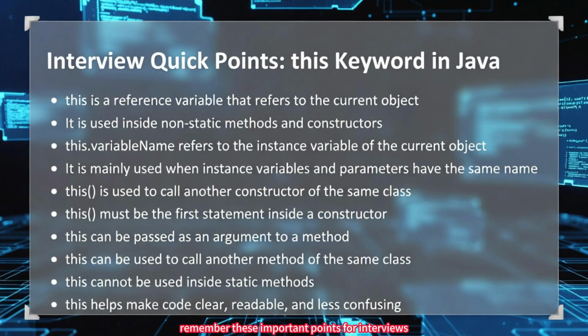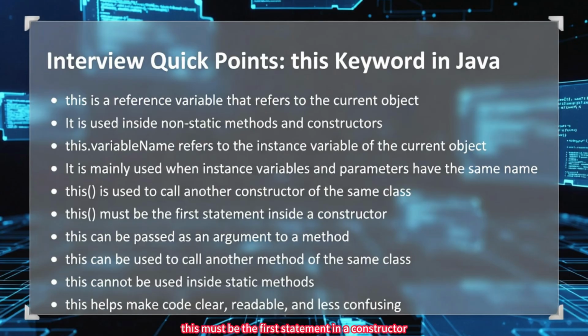Interview quick points: this keyword in Java. Remember these important points for interviews. This is a reference variable. It refers to the current object. It is used inside non-static methods and constructors. this.variableName refers to instance variables. It is mainly used when variable names are the same. this() is used to call another constructor.